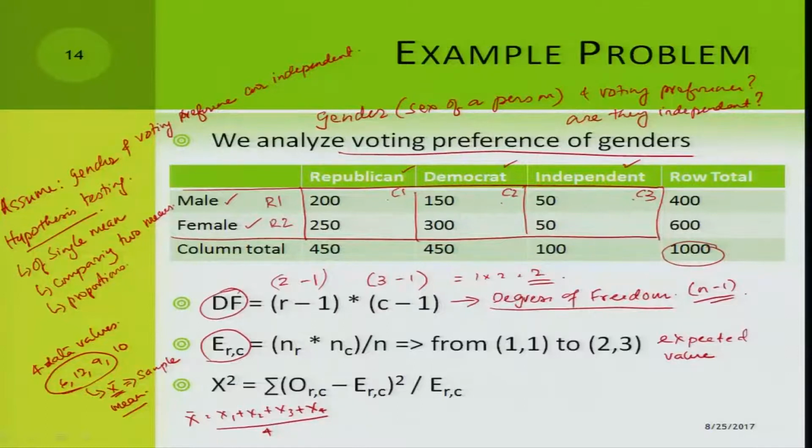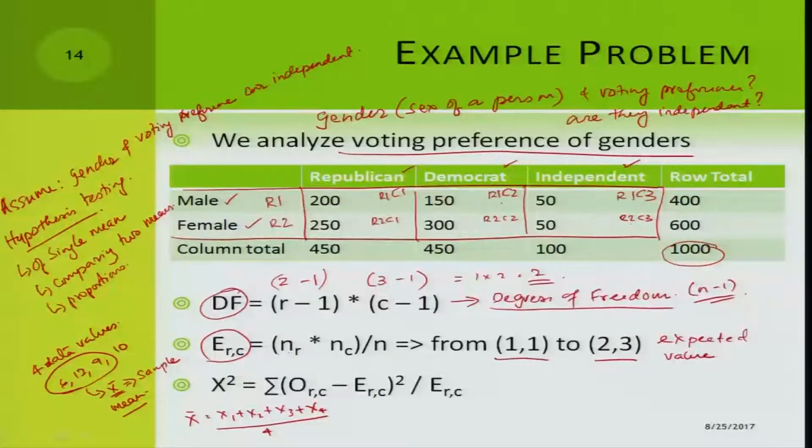So this is R1 column 1, R1 column 2, R1 column 3. There is R2 column 1, R2 column 2 and R2 column 3. For each one, from R1 column 1 to R2 column 3, 1-1 to 2-3, you are supposed to calculate the expected value.